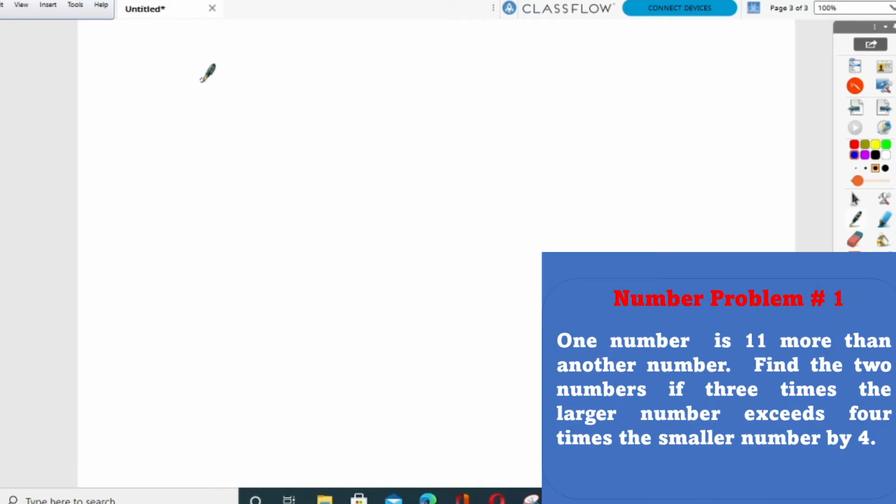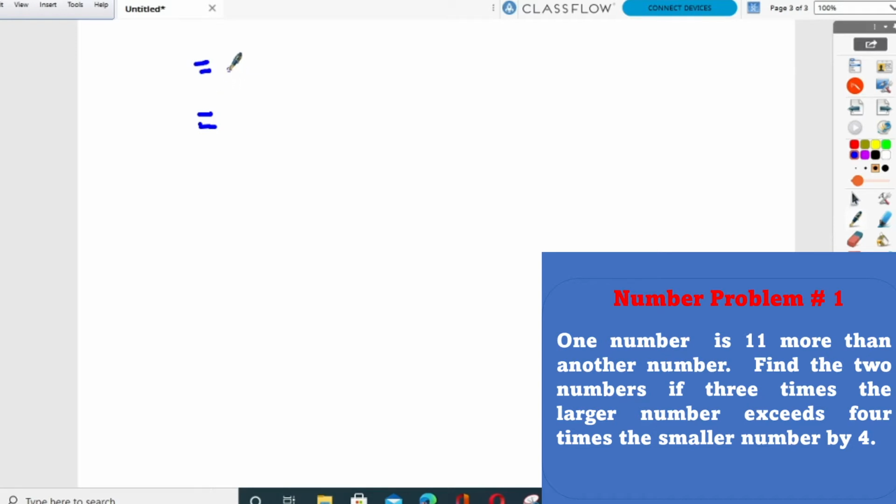So in this case, we have two unknowns, and it says that there are two numbers to be found. Now, what is the name to be assigned to the variable? If you read the problem, find the two numbers, it's already there. No need to invent any name because it was mentioned already that there are two numbers, one is smaller and one is larger.